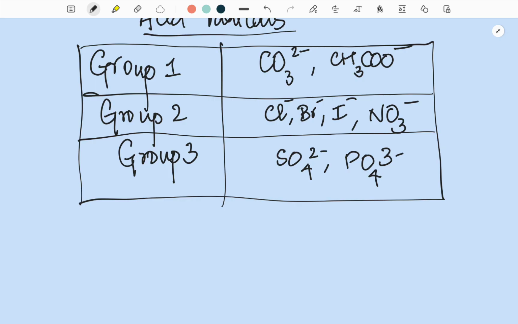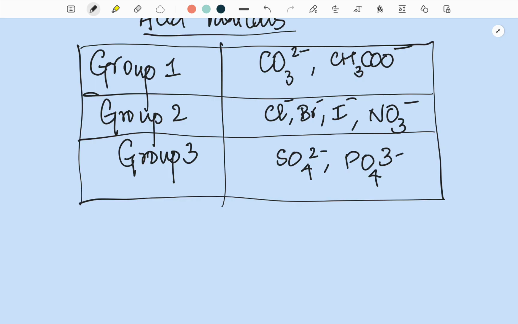So we have to perform the tests for all the anions and see where we are getting a positive reaction.